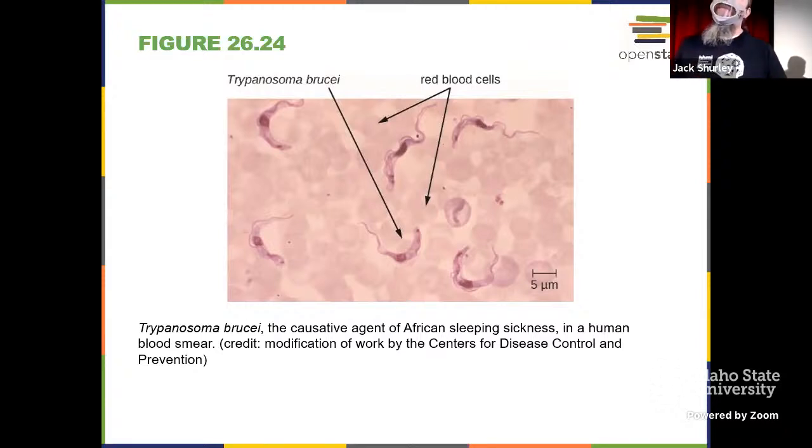But who they infect and the course of infection that you may manifest is varied, all right? So these guys cause in people a disease that we call African sleeping sickness.